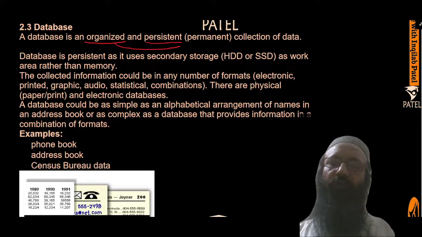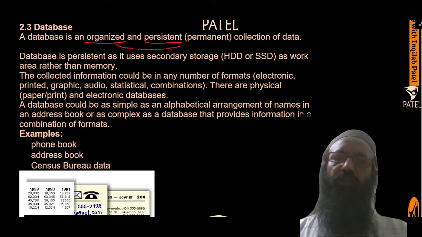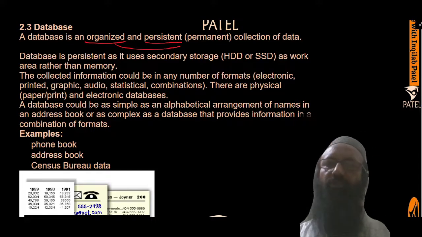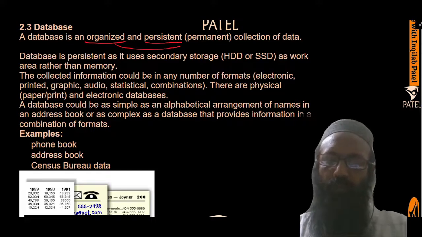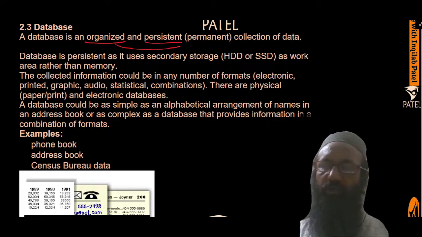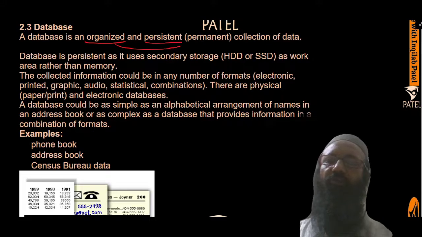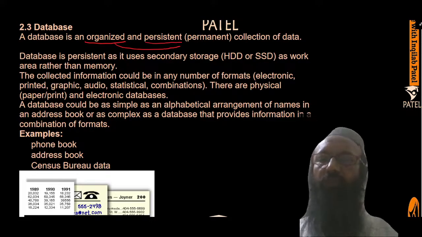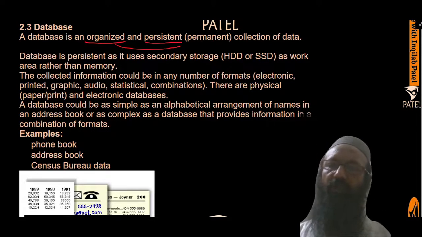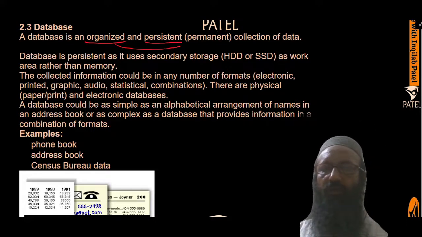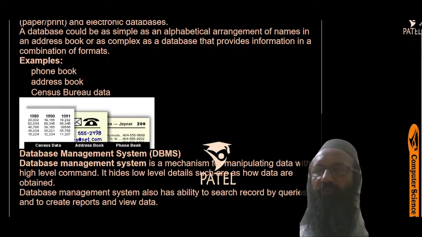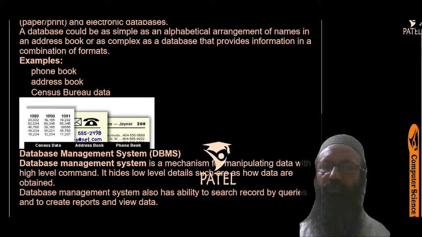That's the reason whenever we start a database and create a new file, first it asks to select the location of the database and the name of the file. Then the file is created, right? For example, this is a phone book and this is known as a database.